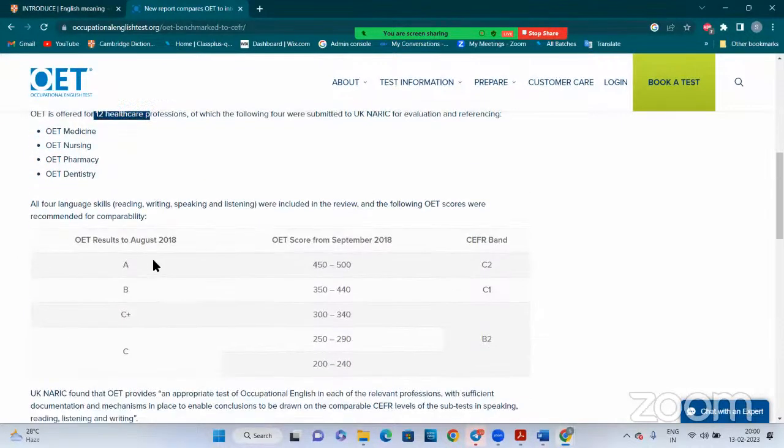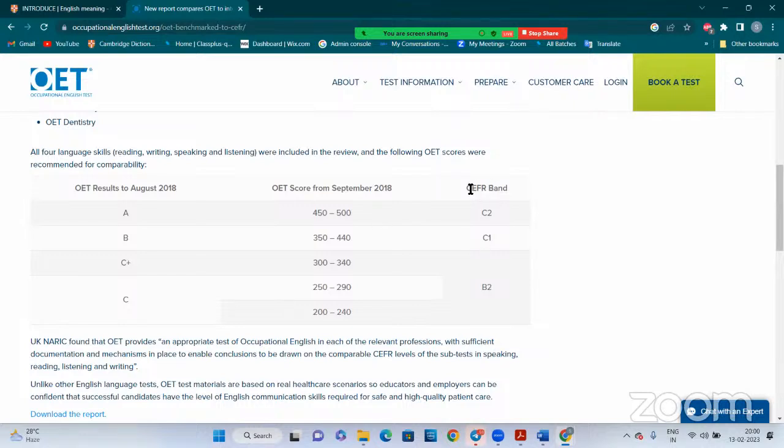You have to use the CEFR band and OET scores, and OET results. See, these are the things. A grade. So you will get what level you have to use. C2 vocabulary. Now, C2 vocabulary, I'm copying this C2 from here.